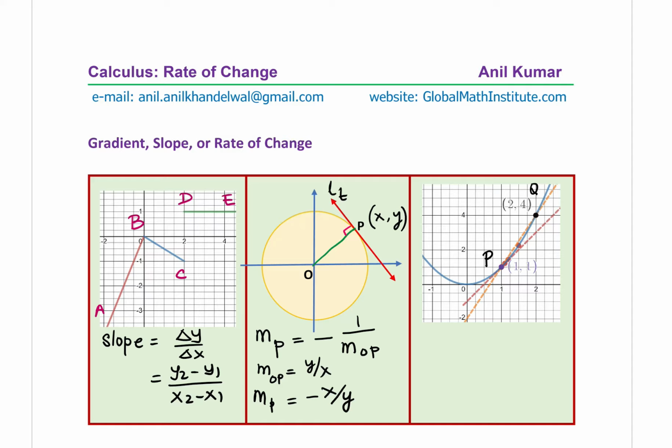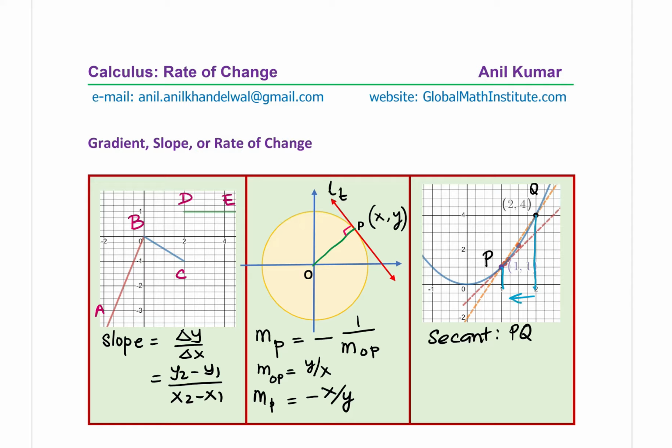We need to find the slope of the tangent line at P. The idea here is we could start from somewhere like Q. So we have a secant, which is PQ. And what we do here is bring the point Q closer and closer to P, so we decrease this distance.